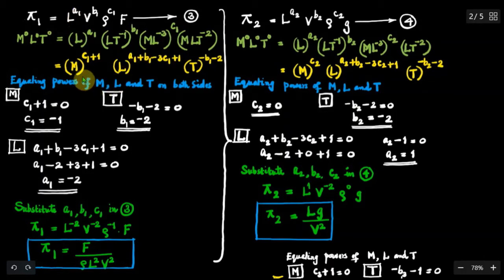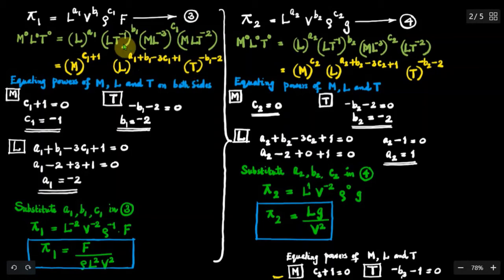So here we have M raised to 0 plus M, because M is involved in the last two variables, M raised to C1 and M raised to 1. So we can write M raised to C1 plus 1. Then length: here we have L raised to A1, in the second variable L raised to B1, the third variable L raised to minus 3C1, and the last one we have L. So you can write L raised to A1 plus B1 minus 3C1 plus 1.